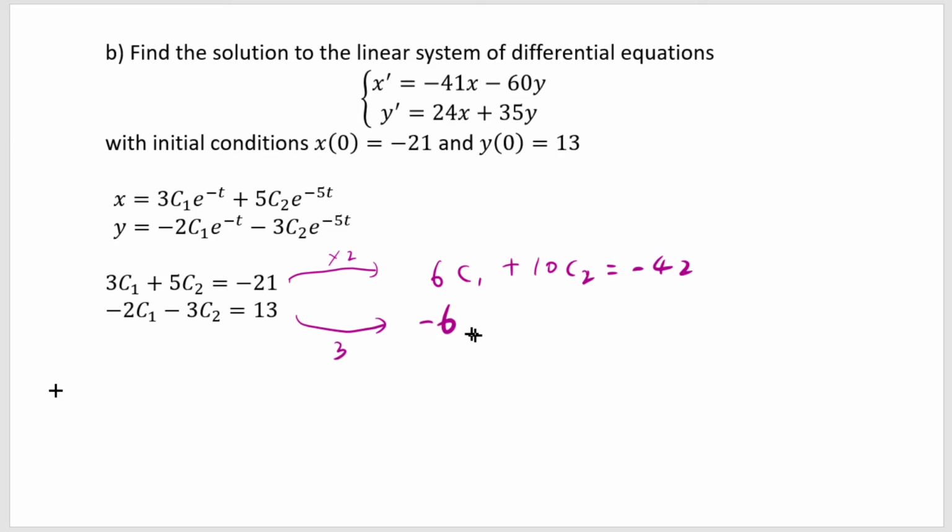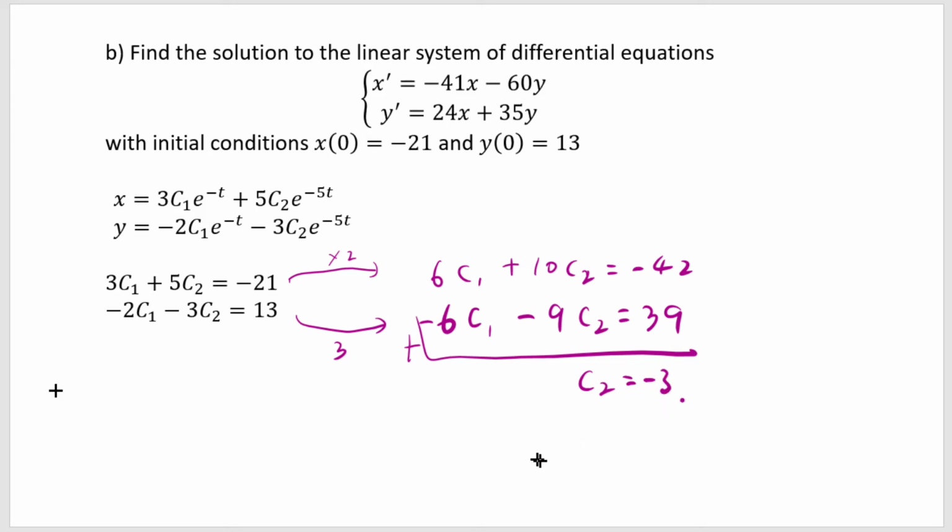Negative 2 times 3 is negative 6, which will cancel with this 6. And that's 39, and we add them together, and you get c2 equals negative 3.